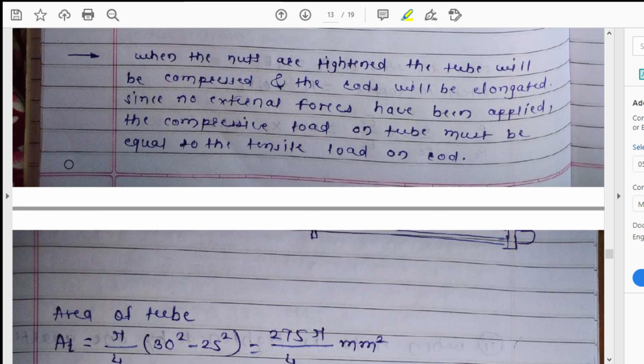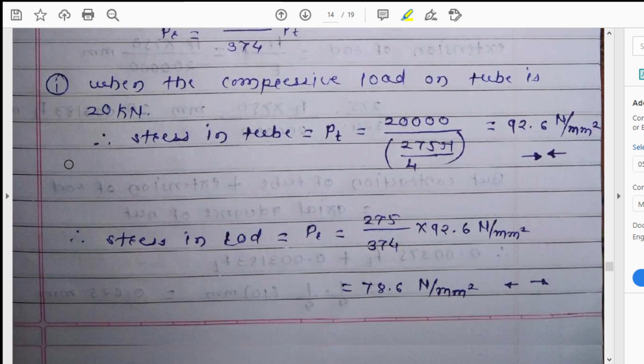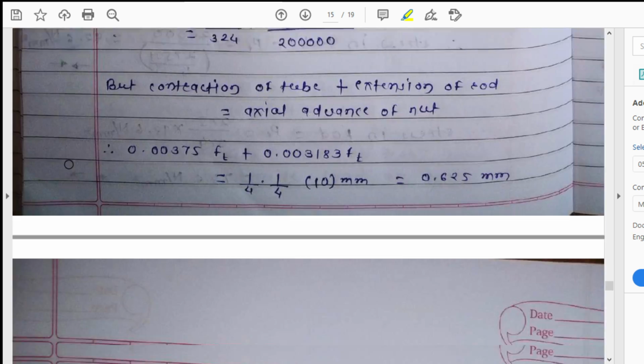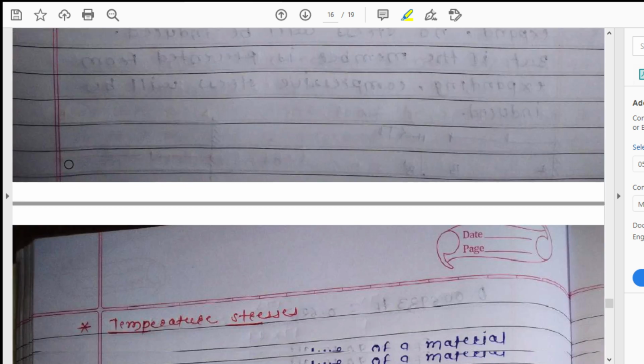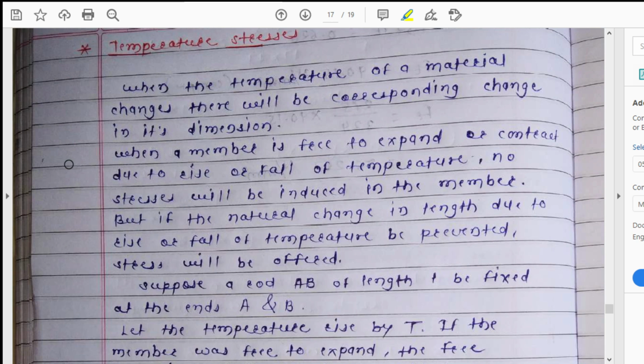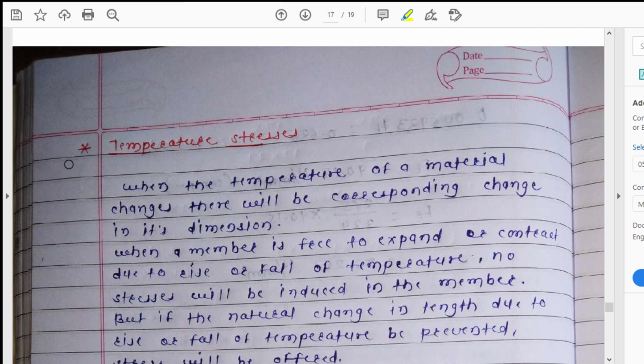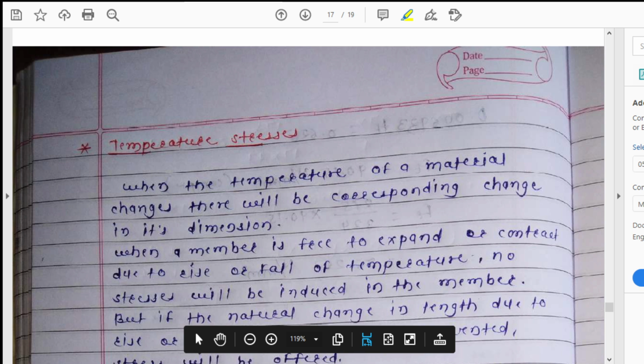This second example is also very similar to the first example I have explained. We'll move further to temperature stresses in the next video, and temperature stresses and a small part of lateral and longitudinal strain remain for completion of this module.